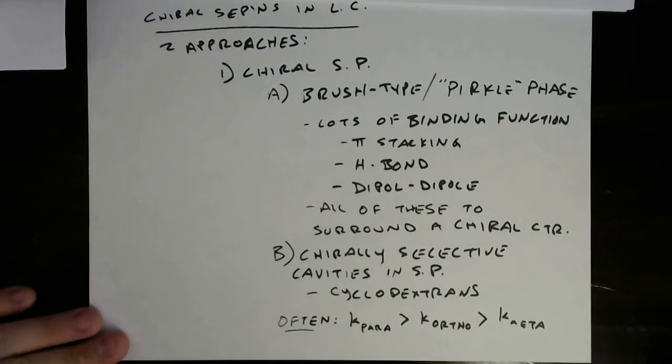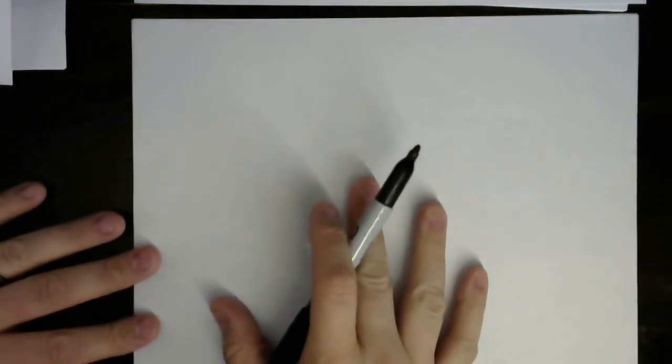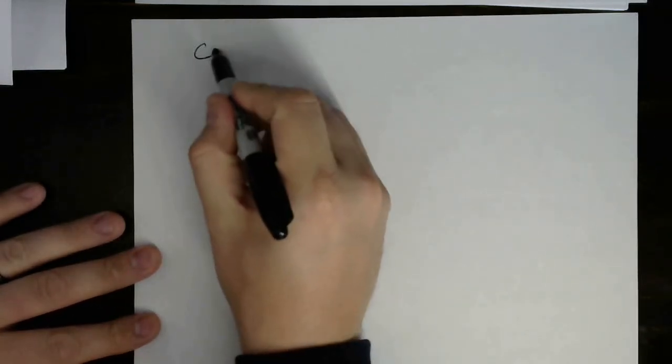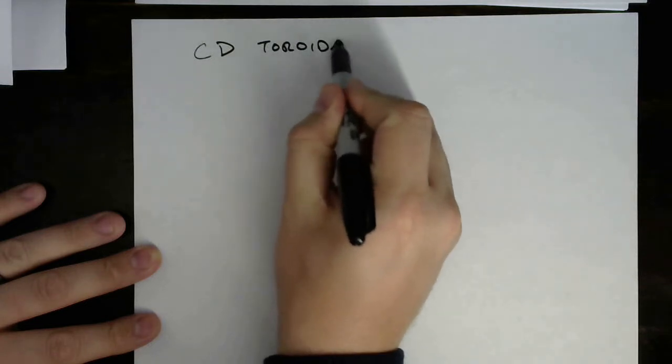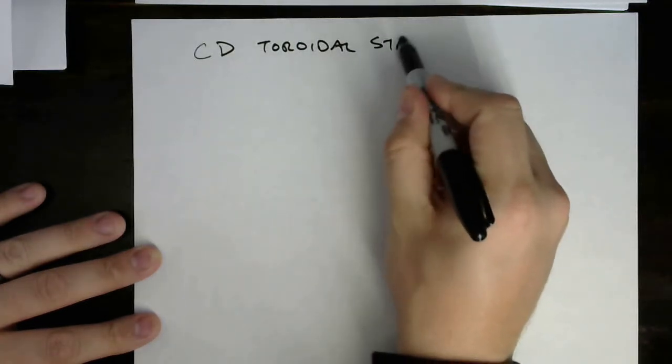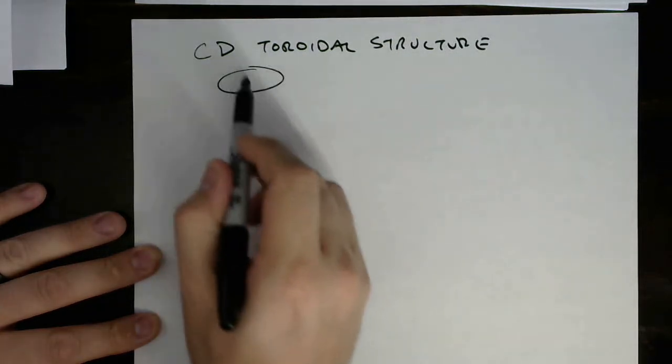Why would you use, say, alpha cyclodextrin versus beta cyclodextrin versus a gamma cyclodextrin? Let's look at that CD toroidal structure that we were just looking at. So it looks like that.